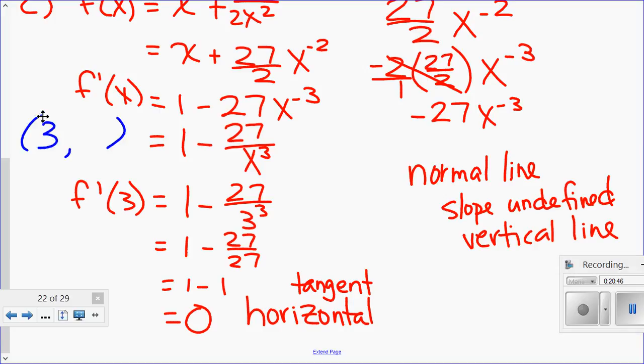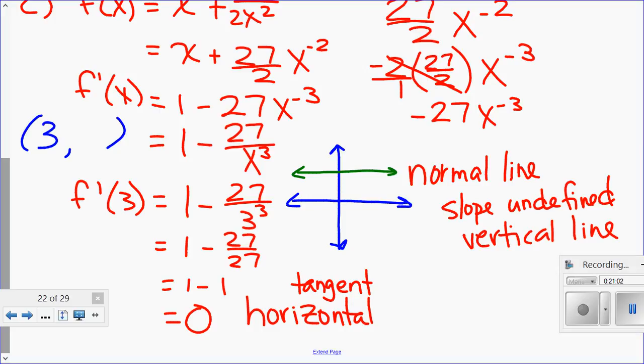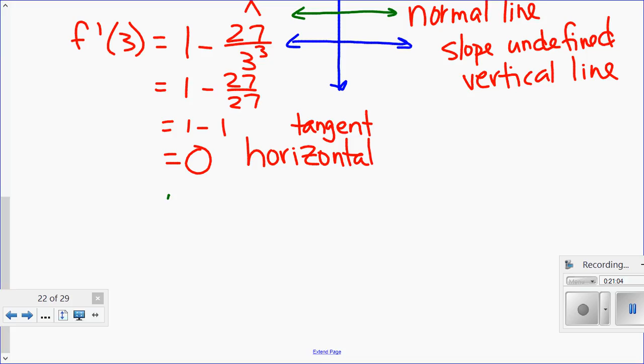We don't know the y value, right? So we'll find the y value of this point. This is going to be y equals 9 over 2.